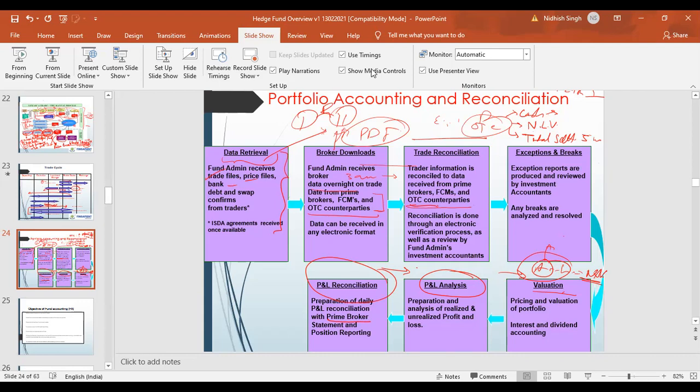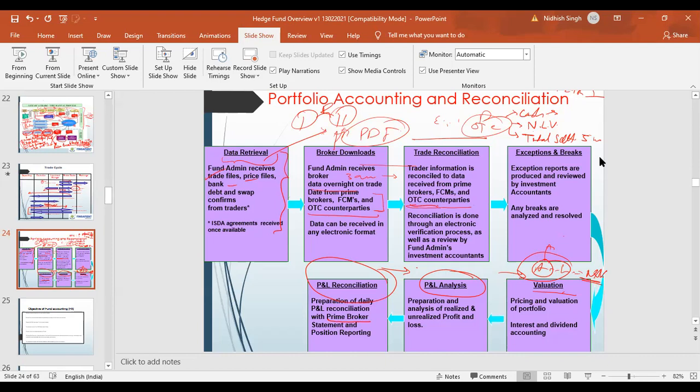So all these things are agreed in minute detail on a daily basis, sometimes on an hourly basis, in the first week of every month, so that not only the fund accounting team, but also the brokers and the client team, everyone knows their roles and responsibilities with regard to who will be doing what and how soon they need to respond on the questions and the breaks. So these are some of the practical nuances in a typical fund accounting firm.